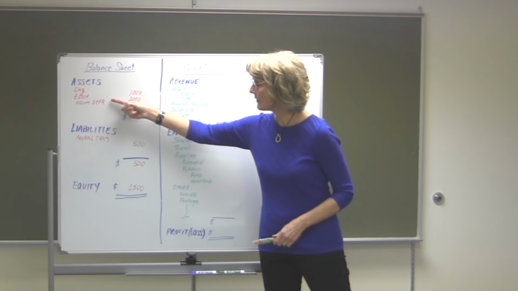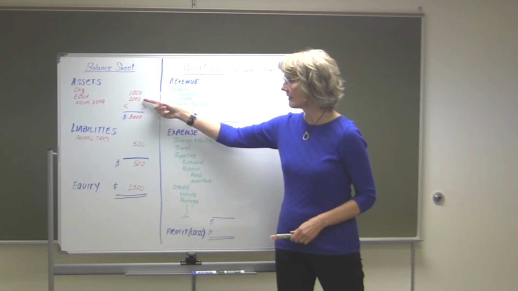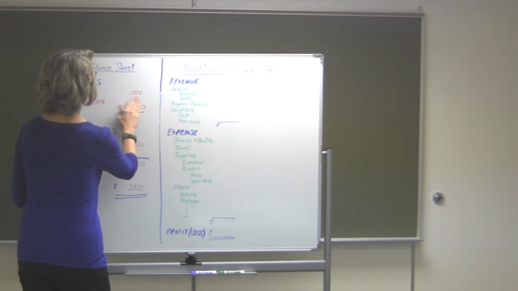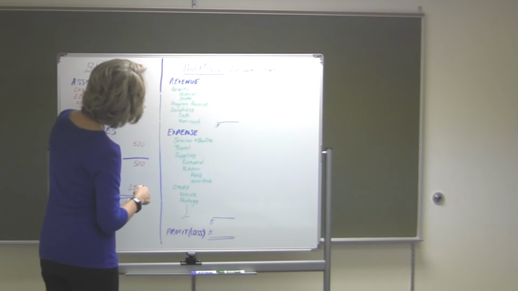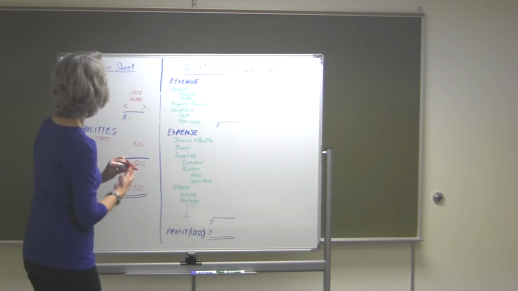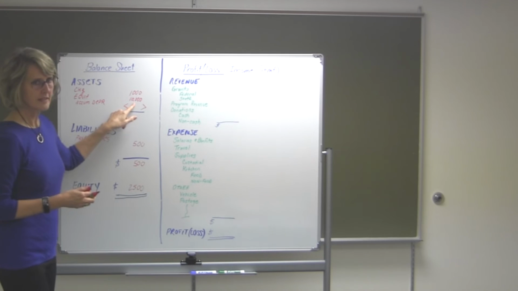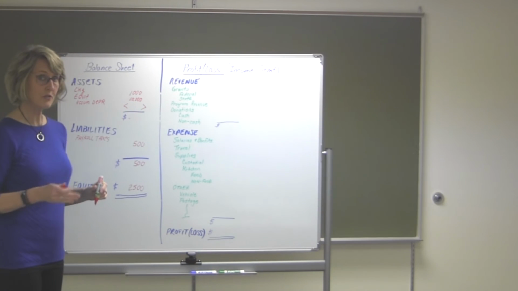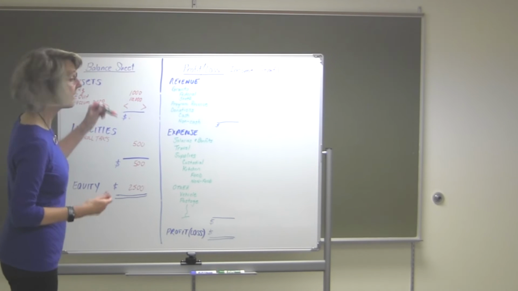If we bought that piece of equipment and it cost $10,000, let's just record that. We bought it two years ago and it cost $10,000. We've recorded $1,000 in depreciation expense for each of those two years since we bought it.